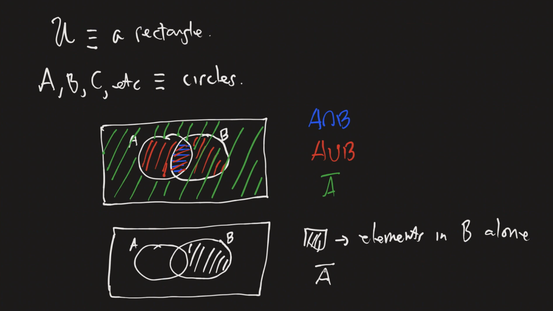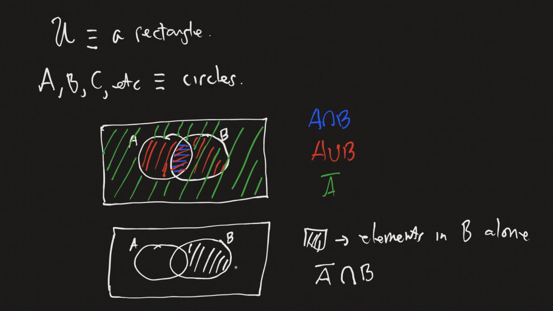But remember, A complement would include elements not just here, but also outside of both circles, right? But we don't want that. I only want the portion that's shaded inside of B. So I could think of it this way. It's everything outside of A and inside of B, right?